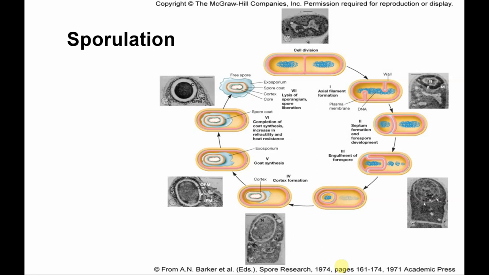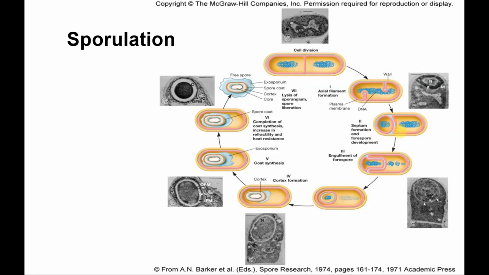Normally during bacterial growth, one bacterium will grow and produce two daughter cells that are absolutely identical, and they both carry on growing. However, during spore formation, you have a cell division which is not symmetrical. You'll get one daughter cell which is smaller and the other one which is bigger. The smaller one is going to become the endospore, and the larger daughter cell is going to become the sporangium. That is the structure that forms the spore.